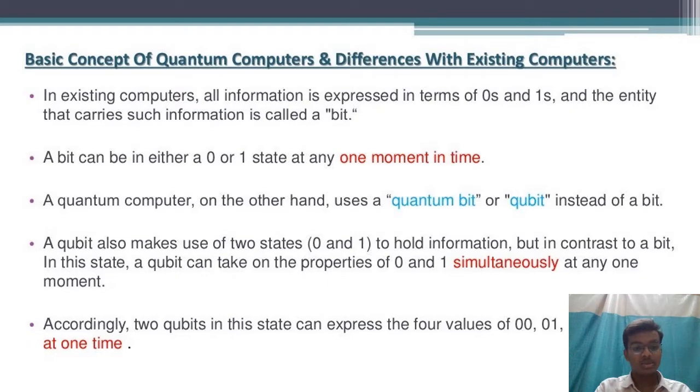A qubit also makes use of two states, 0 and 1, to hold information. But in contrast to the bit, a qubit can take on the properties of 0 and 1 simultaneously at any one moment. Accordingly, two qubits can express the four values 00, 01, 10, and 11, all at one time.